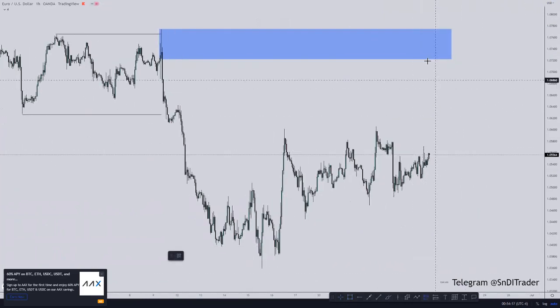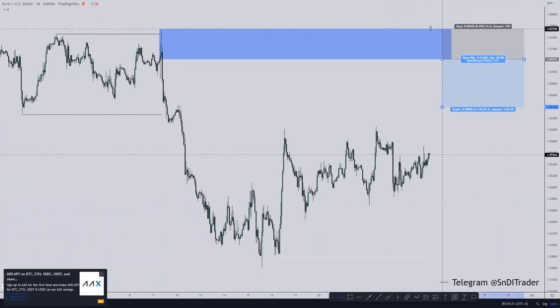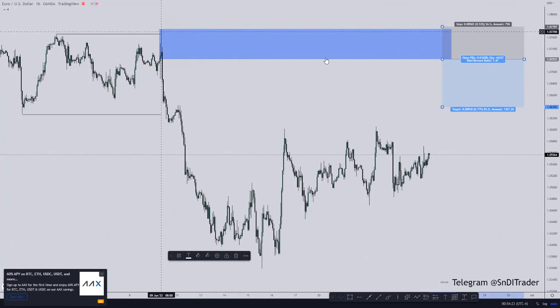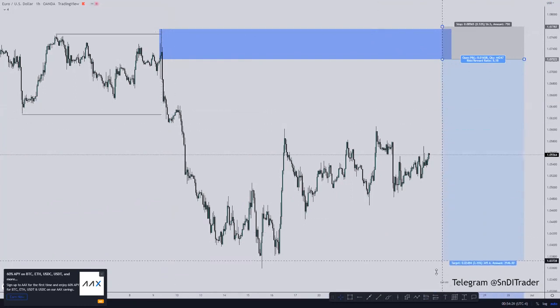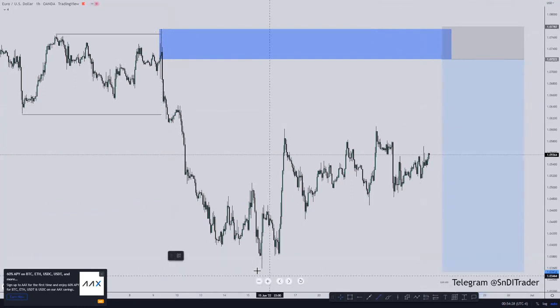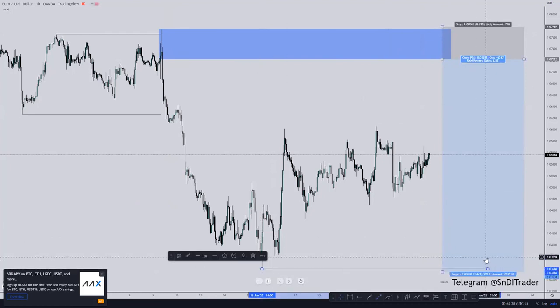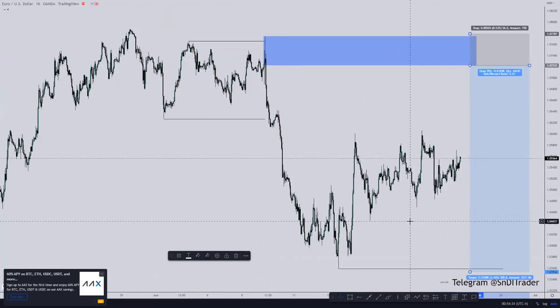Here will be the sell limit order, and the stop loss just above this order block candle, targeting the lows. So that is how you're going to see and target. This will be a nice 1:6.5 risk to reward trade.